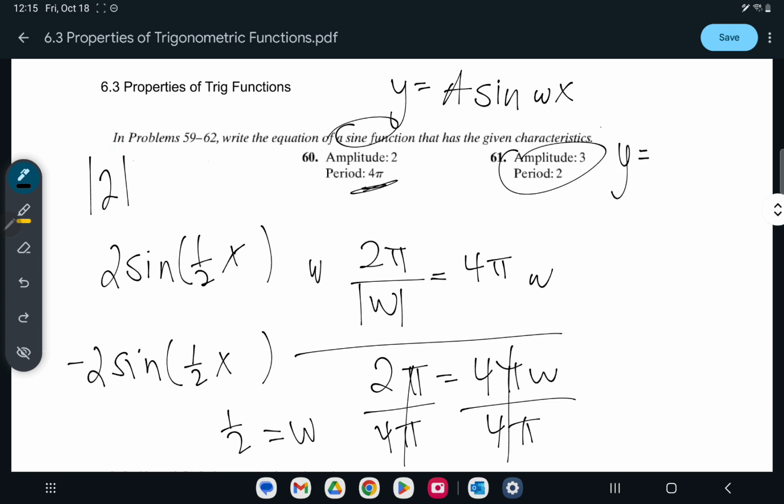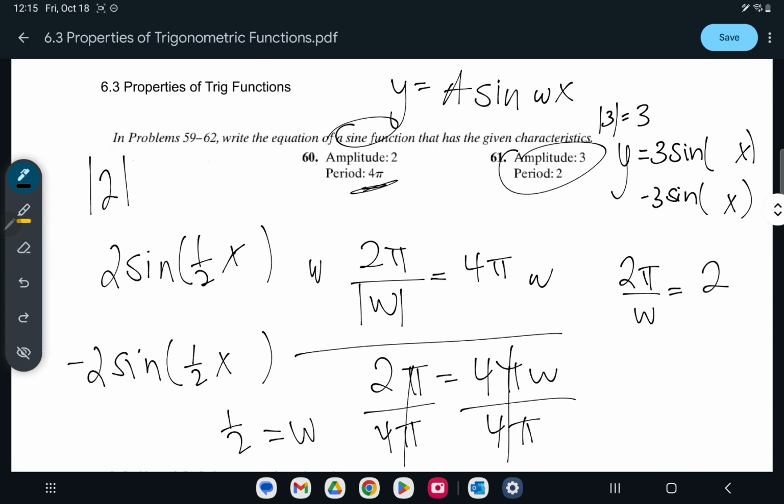So again, because it's the absolute value, I could have positive 3 or negative 3. And then our period, so 2 pi over omega equals 2.